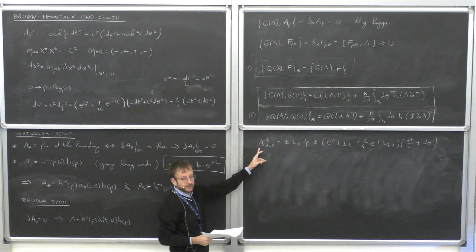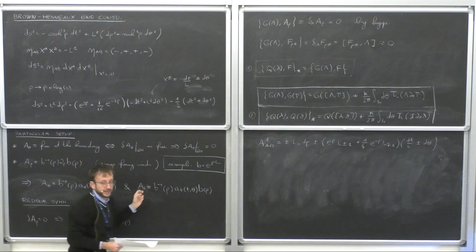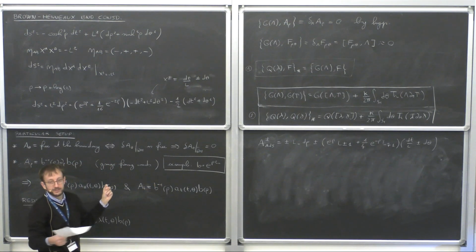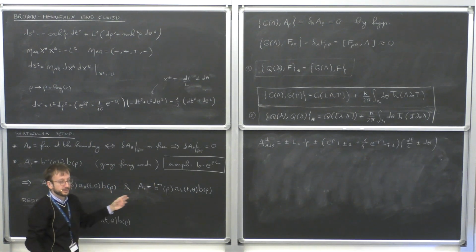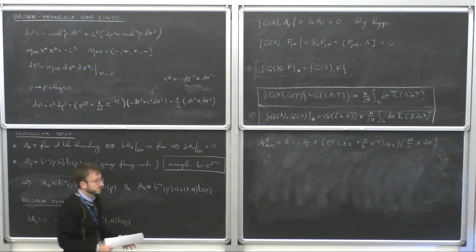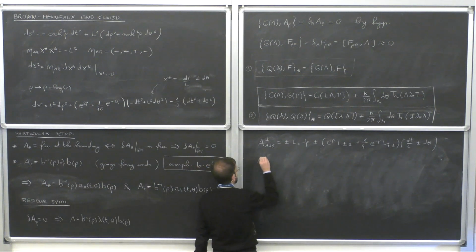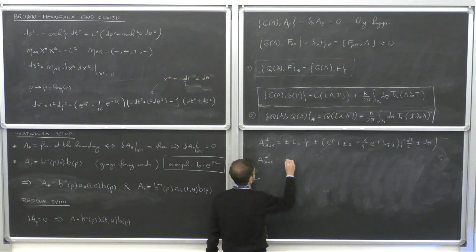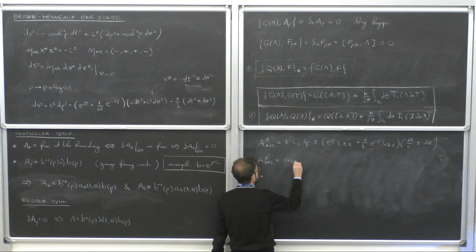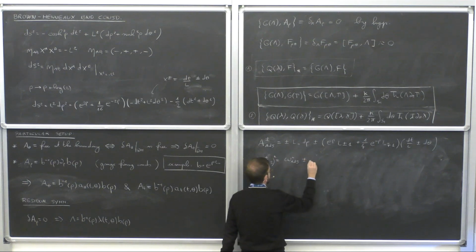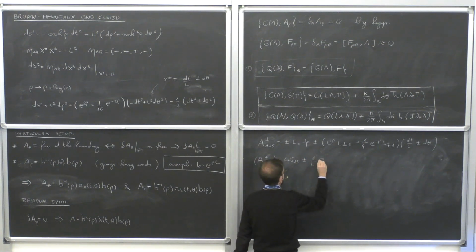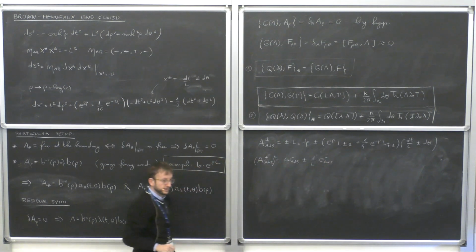How did I get this one? I have a metric. If I have a metric, I can compute the vielbein and the spin connection. Once I have a vielbein and a spin connection, I take the combination of the two. So these A^± of AdS are nothing but omega^AdS plus or minus 1 over L e^AdS.